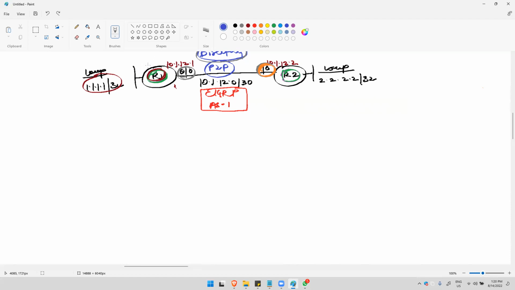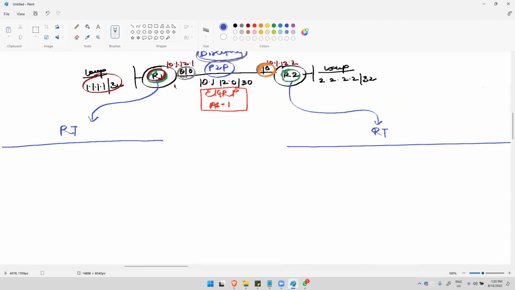Clear? Now one more thing. R1 successfully exchanged data, R2 successfully exchanged data. Now Router 1 says I'm installing the route inside my routing table. R2 says I'm installing inside my routing table. R1 receives which network from R2? The loopback 2.2.2.2. Internal or external?